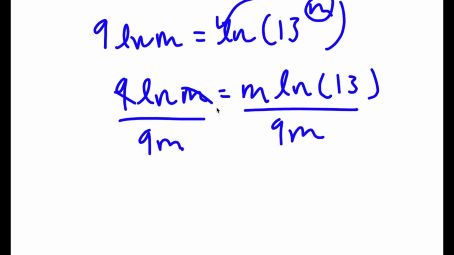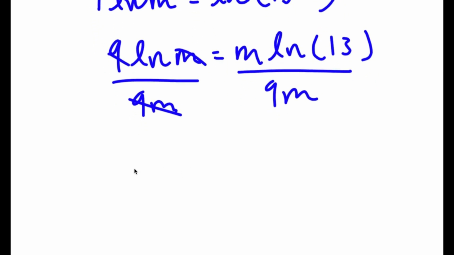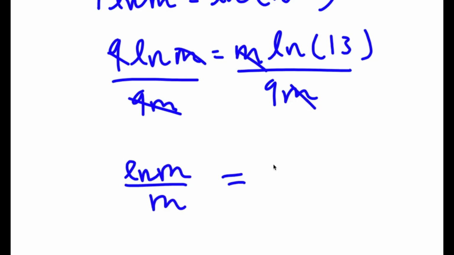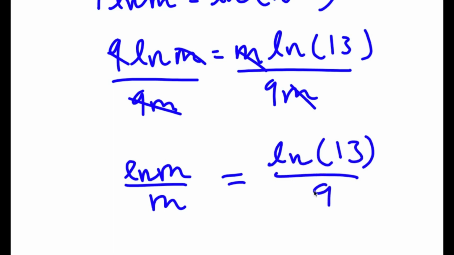So then these two would cancel out, and I would be left with ln m over m is equal to, these two would cancel out, so ln 13 over 9.